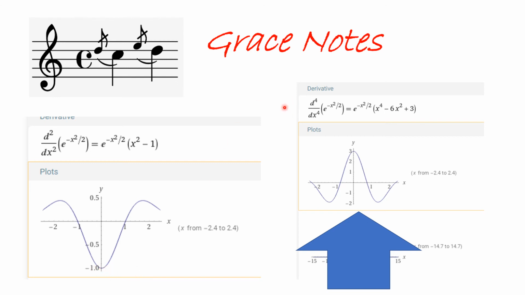And you also may find yourself needing to know that the fourth derivative of that is e to the minus x squared over 2 times this fourth degree polynomial. But when you look at the graph, and that's even more important, you see that it goes like this, and that this number is 3. Both those things in the grace notes can be useful for you, and you should feel free to use those directly.